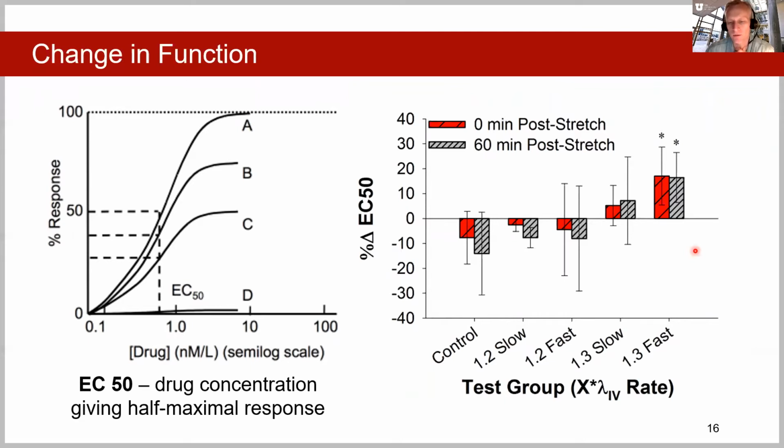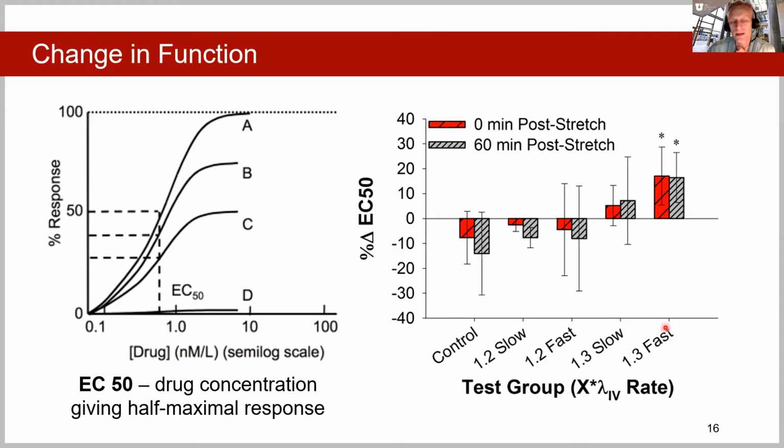But what he found was that there really wasn't a change in the behavior of the blood vessels or its smooth muscle cells when the vessel was exposed to small deformations, whether they were slow or fast. But he began to see significant changes when that vessel was stretched to a further extent, and especially at higher rates.